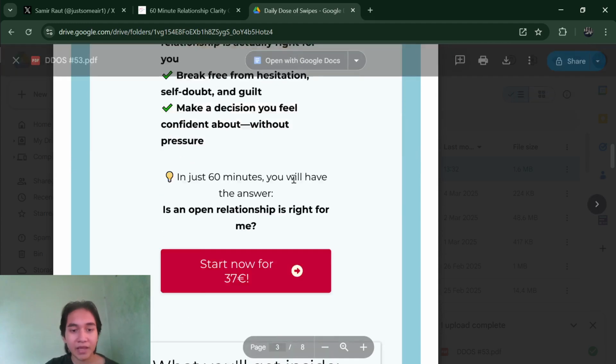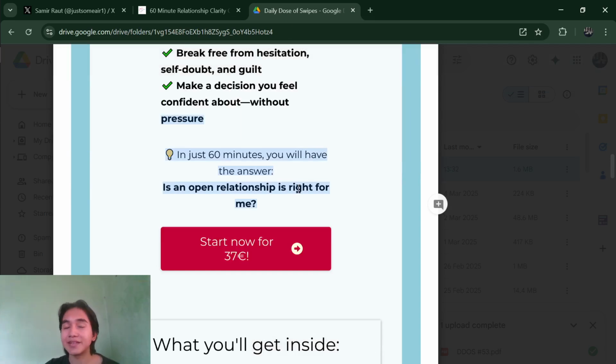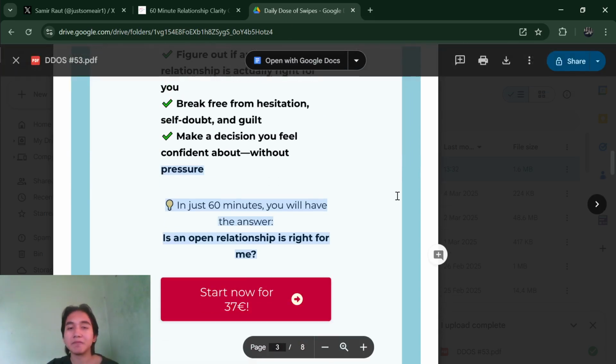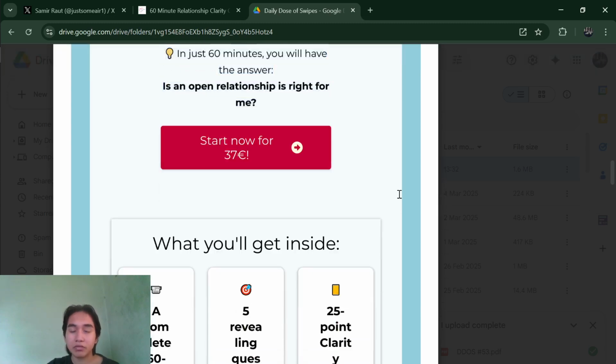Come on. In just 60 minutes, you will have the answer. Okay, but the main idea, the big idea, as I said, it's an SLO, so it's worth focusing on it, but self-liquidating offers generally don't tend to have much copy behind them, and the only leverage self-liquidating offers tend to have is their price, meaning you're getting this value for this, you're just getting them through the door or something like that.